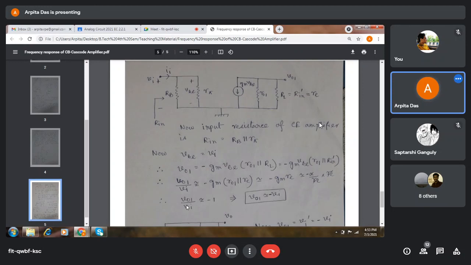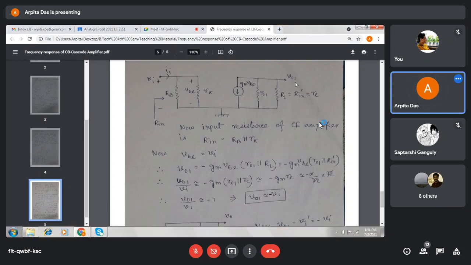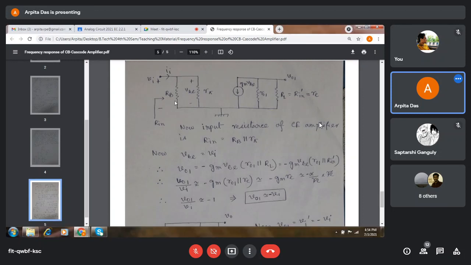So actually, VO1 and VI both are the same. The input signal which is applied at the input terminal for amplification purpose is not amplified, it is just exactly passed to the output terminal. So VO1 is almost equal to VI, but there is a phase inversion because the minus sign is there.